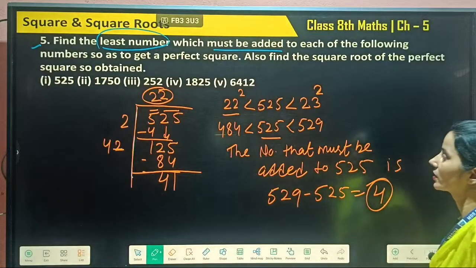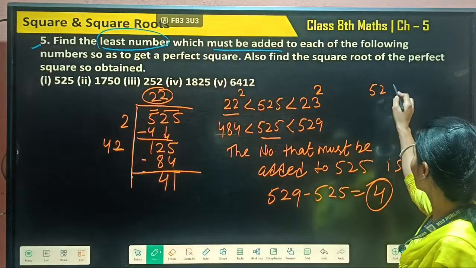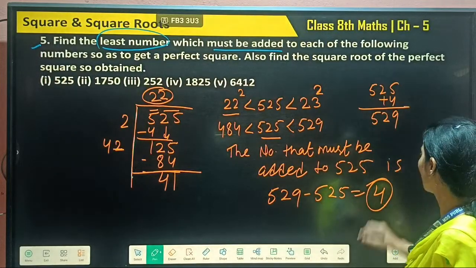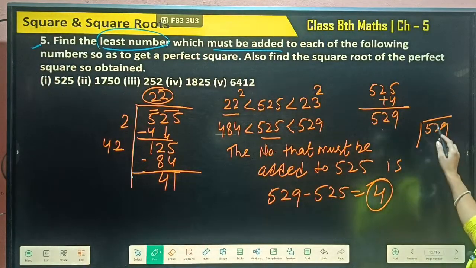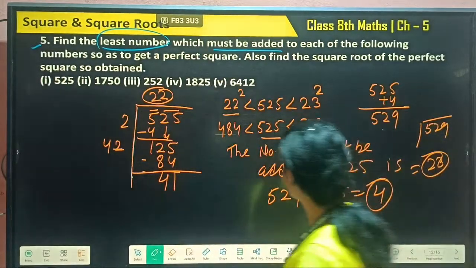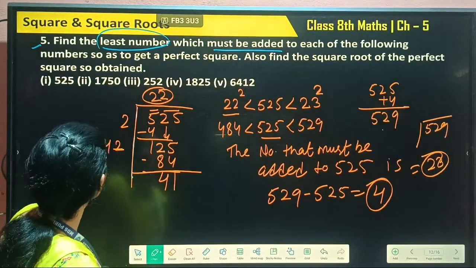This 4 is the smallest number that we have to add to 525. After adding 4, we will get 529. And now we have to find the square root of this number. The square root of 529 will be 23.